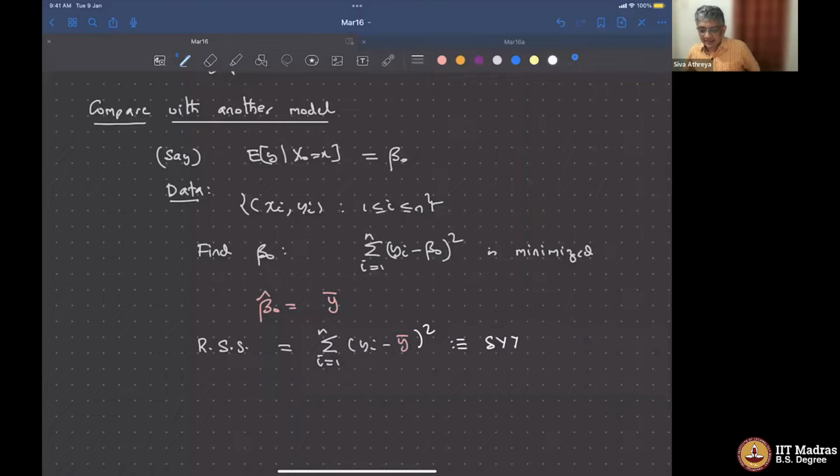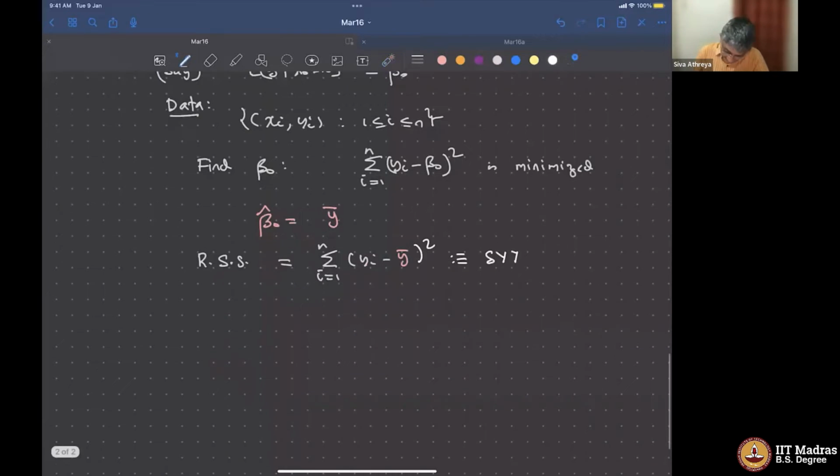So here you can easily see that, since I have y bar already available to me, I only need to know n minus 1 of the y's. So this is not the free entire data set. It's governed by only n minus 1. So in some sense, what you could say is that this has n minus 1 degrees of freedom.